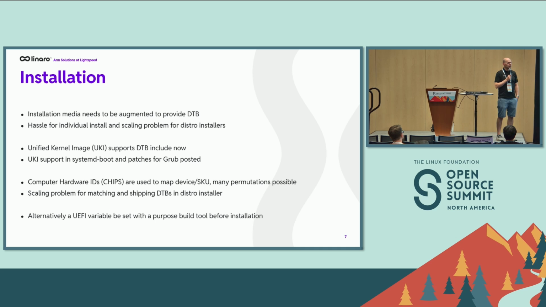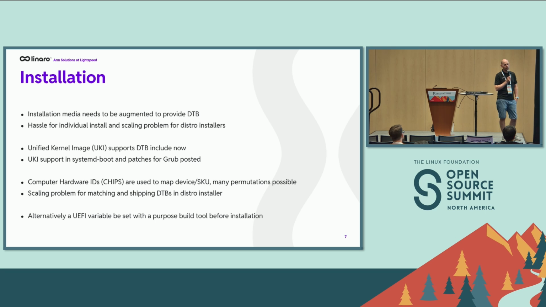It would most likely need a new kernel, depending on the distribution; it might already have a kernel supporting that. But besides that, you also need a DTB inside the installation media. You might need to augment that. Some of the niche distros actually ship that, but the major ones don't have it for all of the available devices. And then you need to make sure it's selecting the correct one.